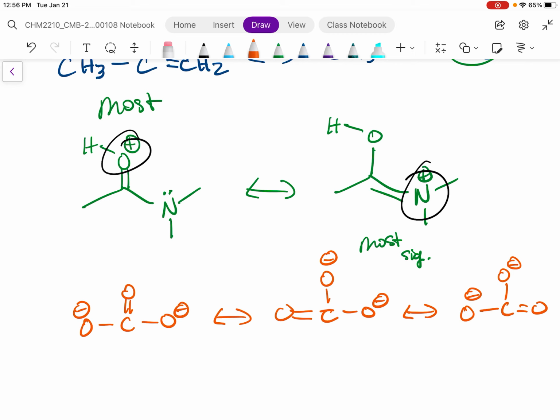When you evaluate to try to figure out which of these 3 is the most significant and rank them, you'll find that rule 1, tie. Rule 2, tie. Rule 3, tie. So rule 4 is like, who cares, they're all the same. Pretty much. Okay? Once you go through the first 3 rules and they're all the same, then we'll just say all of these are equivalent to one another. Those contribute to the resonance hybrid the same. Okay?